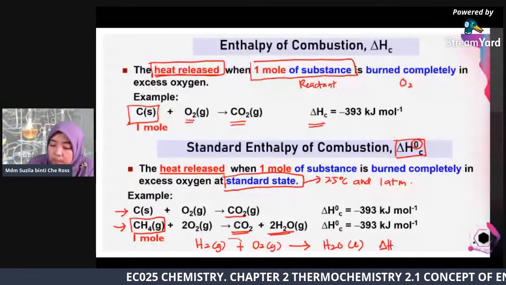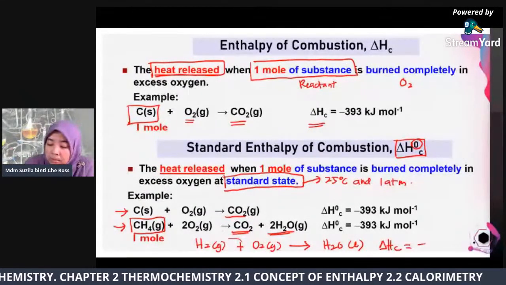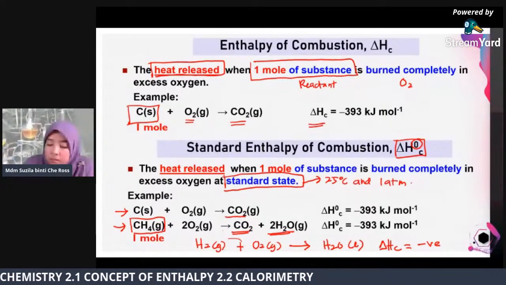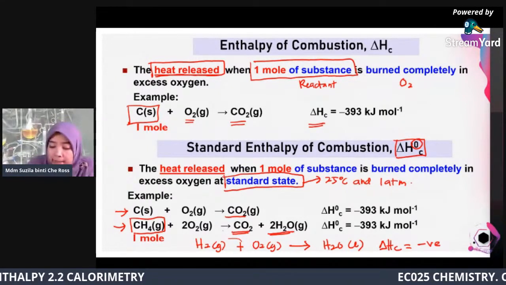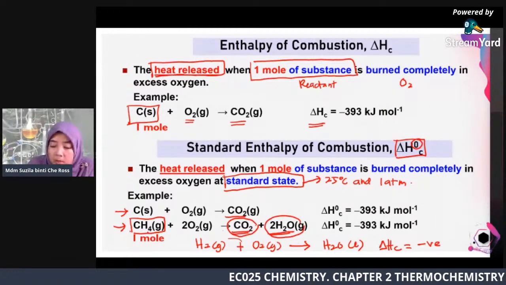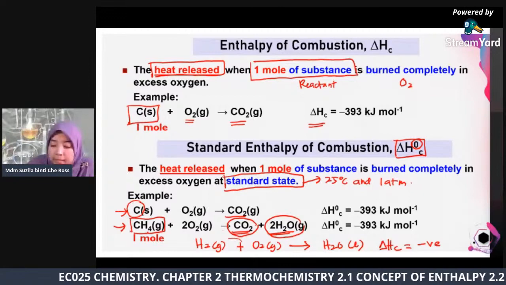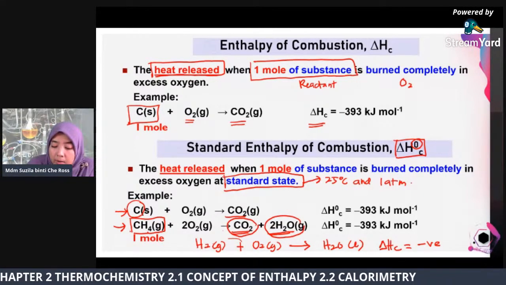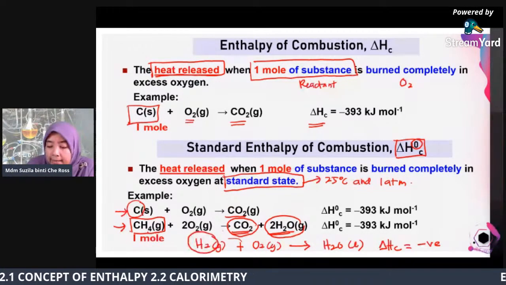The value is negative, for example. So the product depends on the substance. If your substance contains carbon and hydrogen, you will get the products carbon dioxide and water. But if the substance only has carbon, you will get carbon dioxide as product. Same goes for hydrogen. If the substance only contains hydrogen, then the product you will get is H2O.